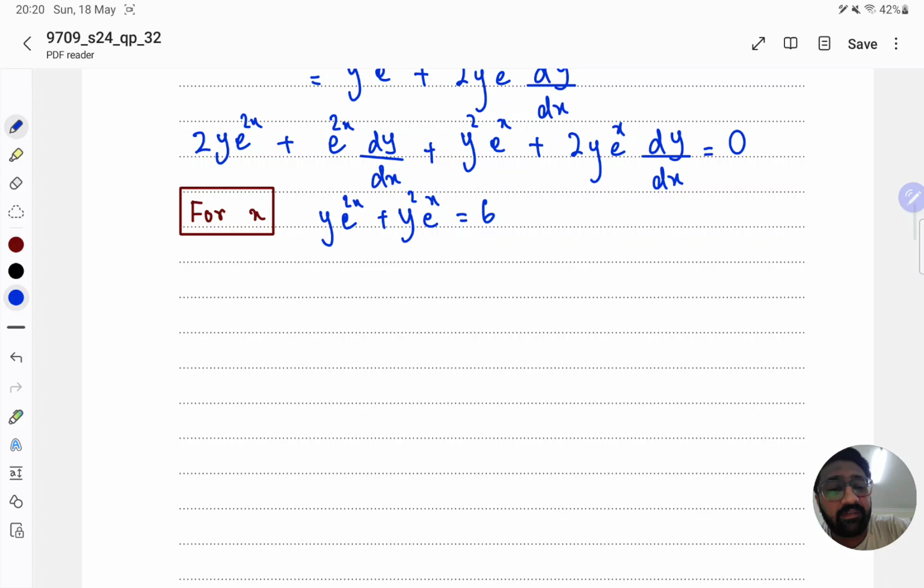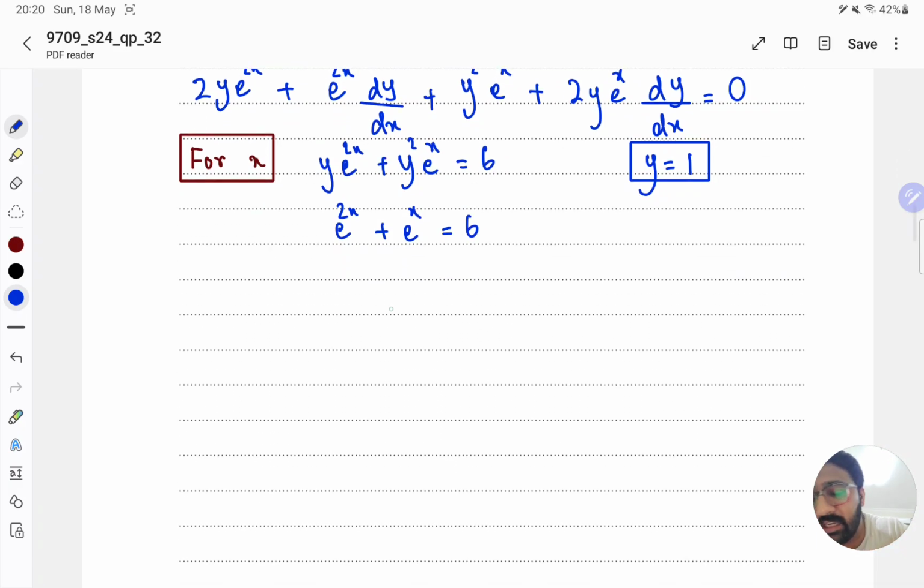Now I'll substitute the value of y as 1. If you put y as 1, it will become e raised to the power of 2x plus e raised to the power of x equals 6. If you rearrange it, it becomes e raised to the power of 2x plus e raised to the power of x minus 6 equals 0.